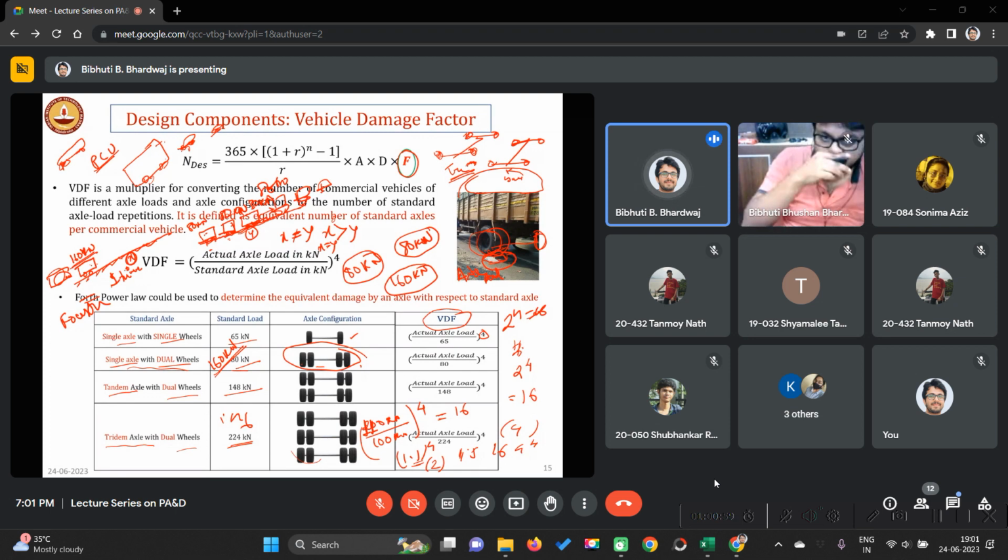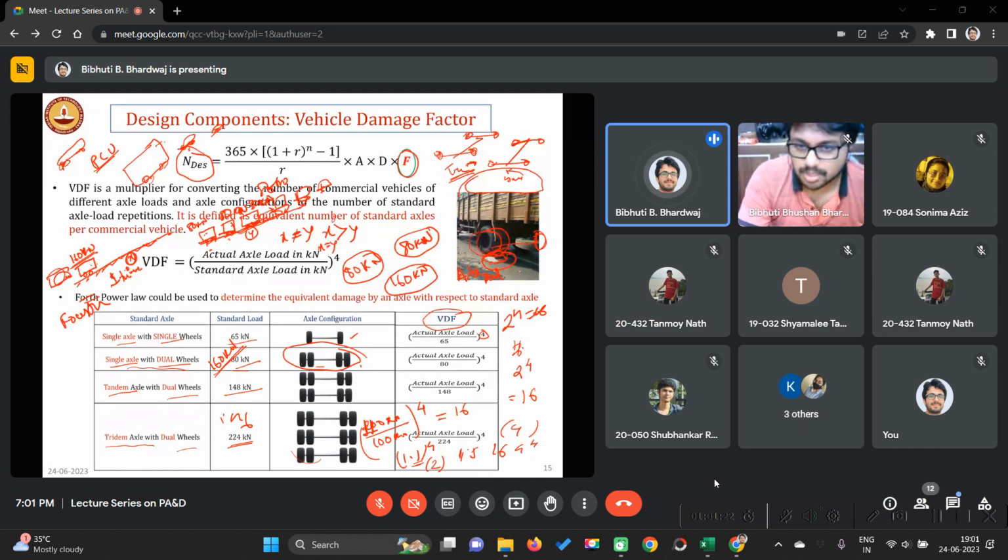That's why it's called the fourth power damage law. Now, as I said, since we are only considering the number of axles, how much MSA will be there? How many million standard axles will be there in its design life?